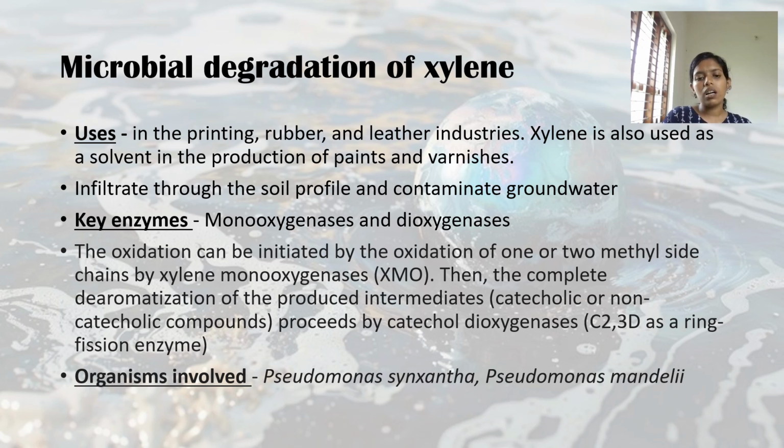The oxidation can be initiated by the oxidation of one or two methyl side chains by xylene monooxygenases. These enzymes are specifically present in the organisms that are involved in degradation of xylene.